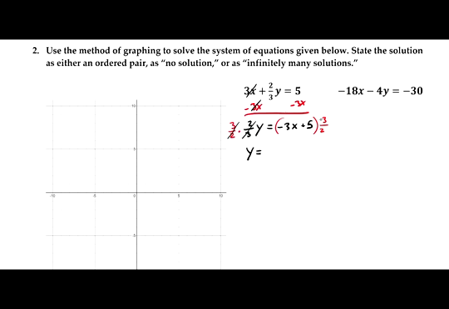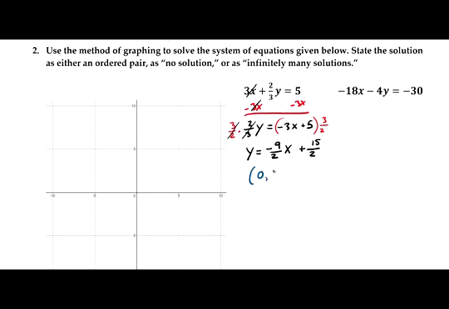And on the right-hand side, we'll multiply each term by 3 over 2. So negative 3 times 3 over 2, that's negative 9 over 2. Negative 9 over 2x plus 5 times 3 over 2. So that's 5 times 3 is 15. 15 over 2. Okay, so we've identified the slope and the y-intercept.